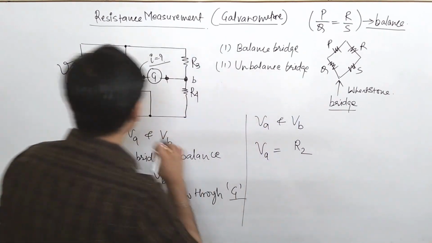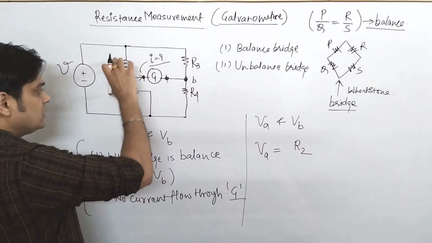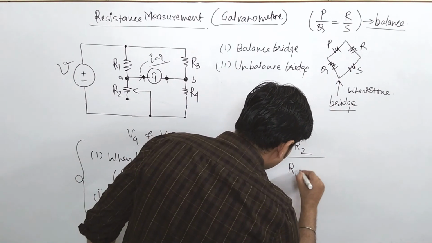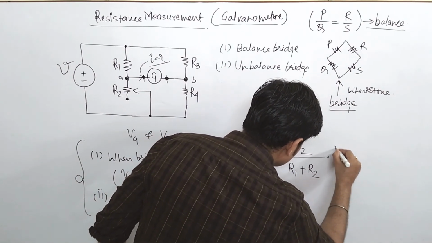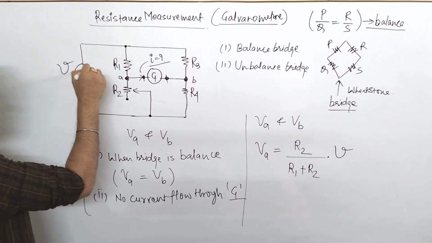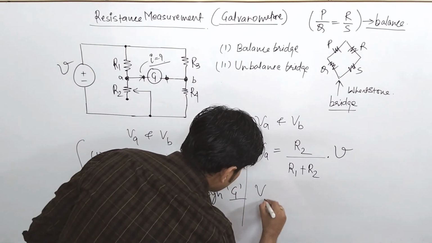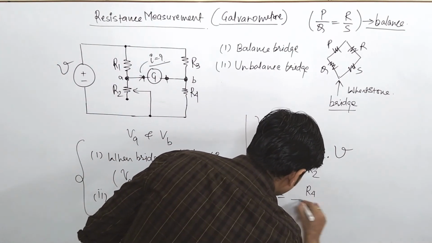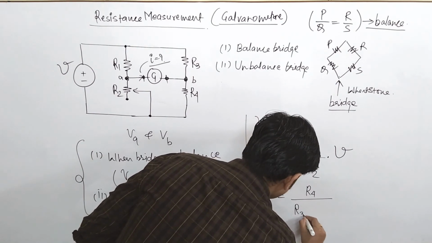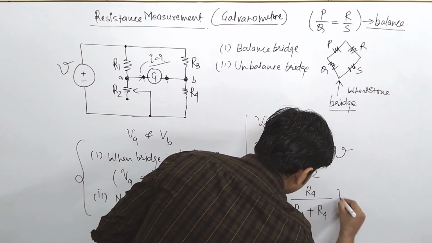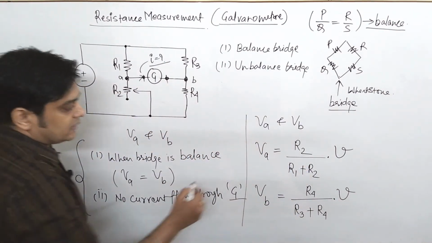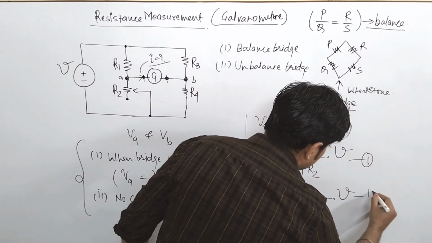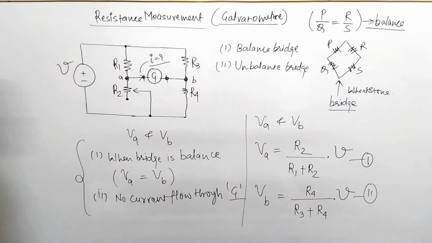Since we have to find the voltage across this resistance, it is R2 upon R1 plus R2, into the actual applied voltage V. Similarly, VB is the voltage across the R4 resistance, so it is R4 upon R3 plus R4, into V. With the help of VA and VB, one can easily find the potential difference across these two nodes.